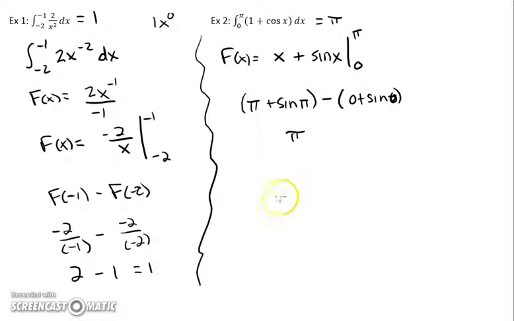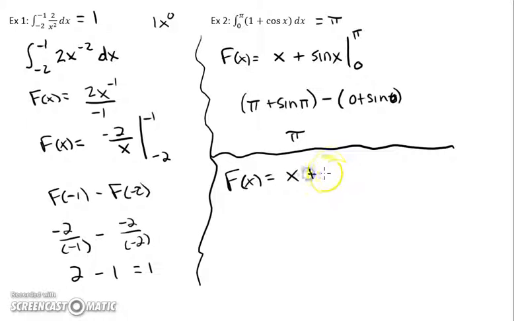Now, one thing that I'd like to mention is the plus c that we have to take when we find our antiderivative. Really, when we think about this problem, our antiderivative, our capital F of x, should be x plus sine of x plus c, and we should evaluate that from 0 to pi.